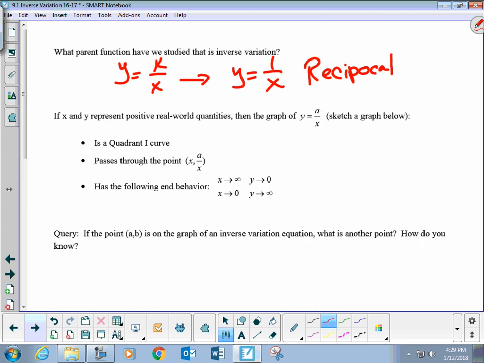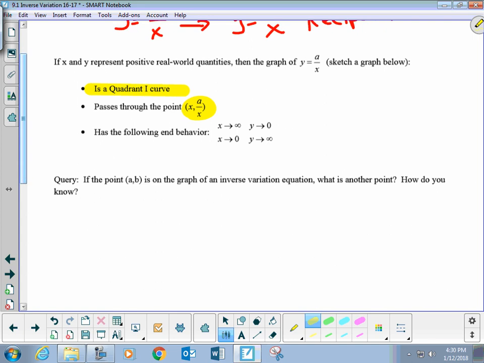Now, when we use the reciprocal function, we do use the inverse variation, most of the time it is in quadrant 1. If this is a real world problem, I end up in quadrant 1. I will pass through a point, which is x comma a over x. And if you look at our graph, what is our end behavior?